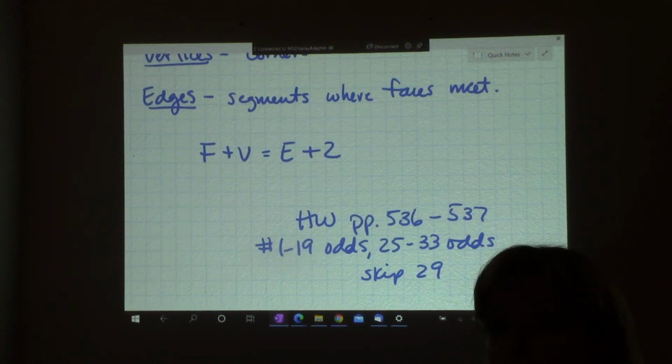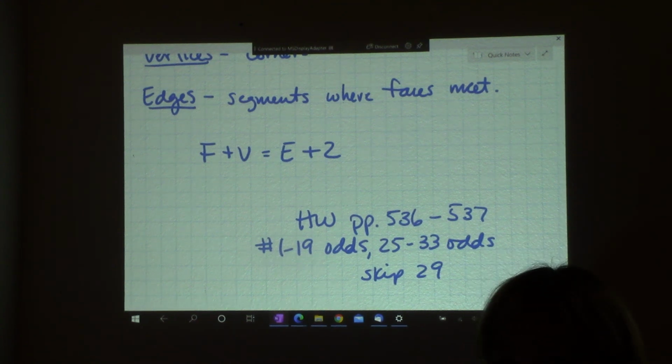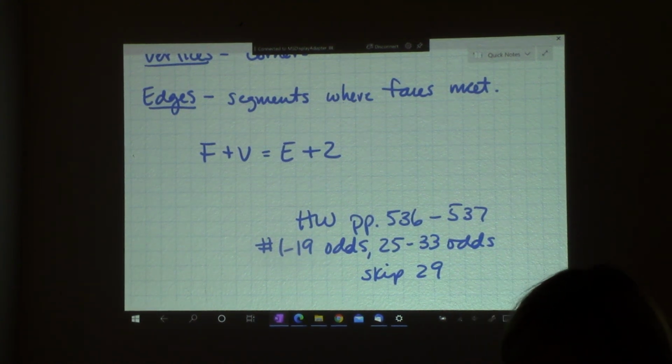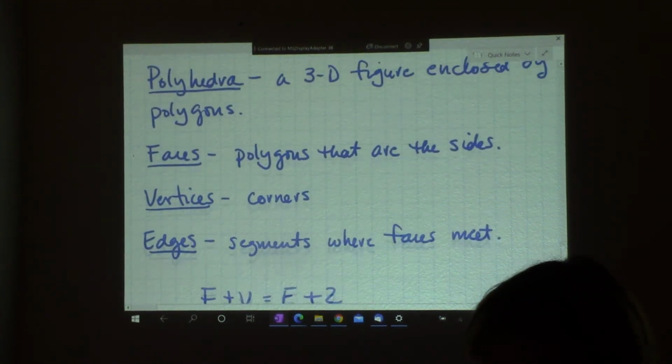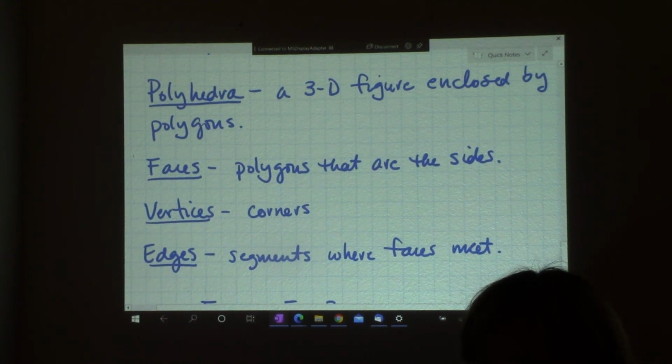One student would try to throw the marshmallow into the mouth of their partner, and each pair would get 10 marshmallows to see how many they could get in their partner's mouth. So if you want to do something fun like that, go right ahead. But I promise you, you will never forget what the edge, the vertex, or the face of a polygon is.